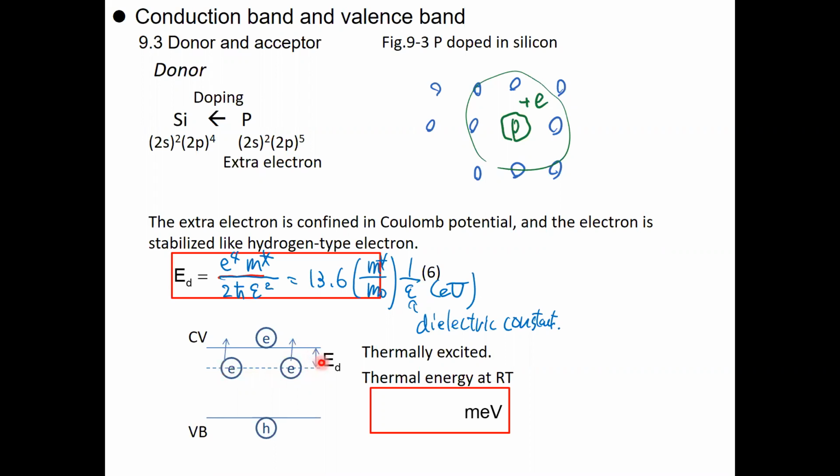But since this energy level is quite small, actually comparable to the thermal energy, and thermal energy is, as you already studied, 26 milli-electron volt at room temperature, and this doping energy level is about 20 milli-electron volt depending on the doped atoms, easily this electron can be excited to the conduction band just by putting it at room temperature. So you could increase the charge carrier density.